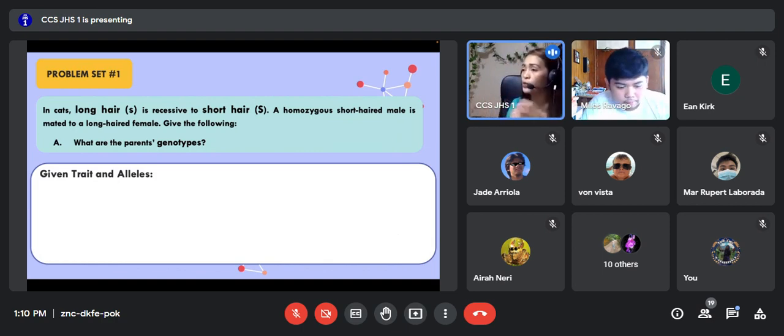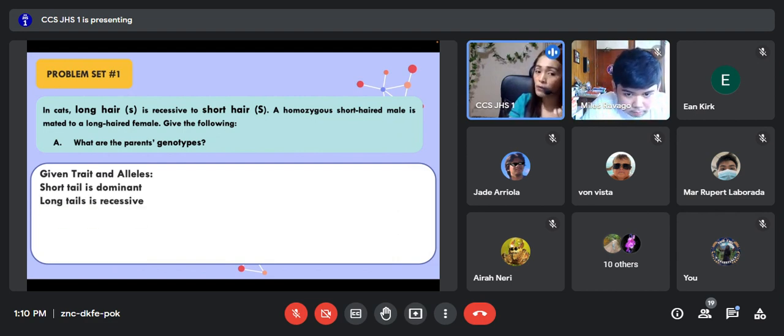What's the characteristic that we are talking about? It talks about the length of the hair of the cat. So our options are either short or long. Now, our male cat is homozygous short-haired, while our female cat is long-haired.